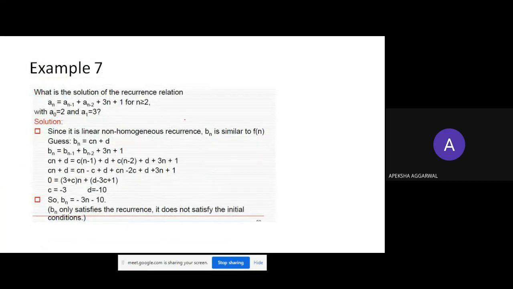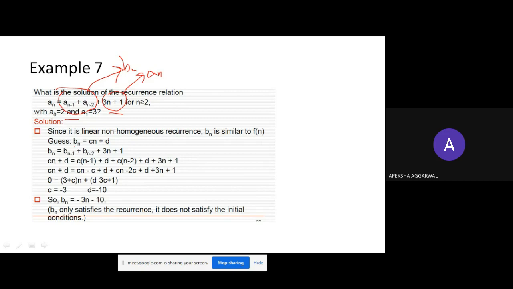And now again an example, how you will solve it. Previously what you were doing, you will solve the homogeneous part separately and the non-homogeneous part separately. So this is your Bn and this is your An, suppose, and you need to find the equation for the second part and the first part.